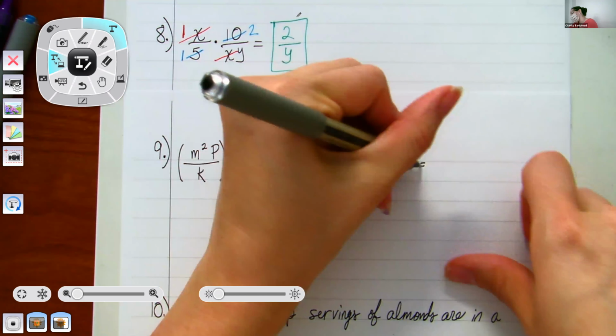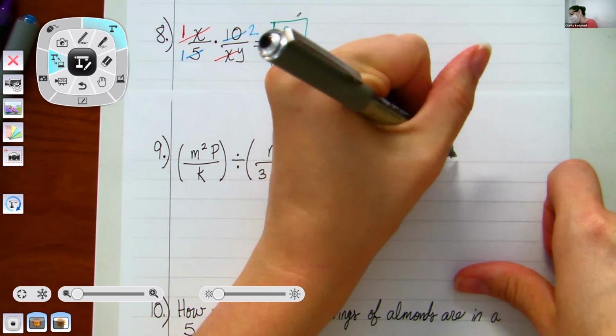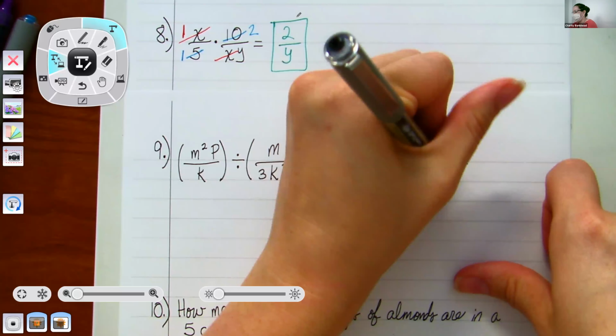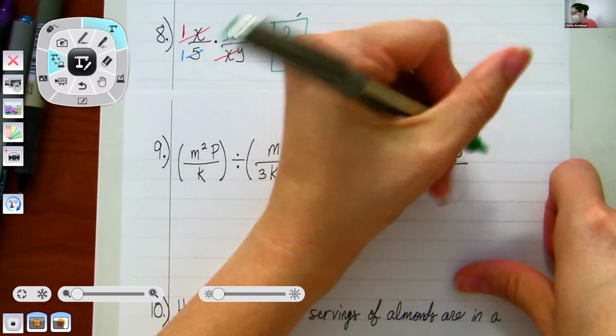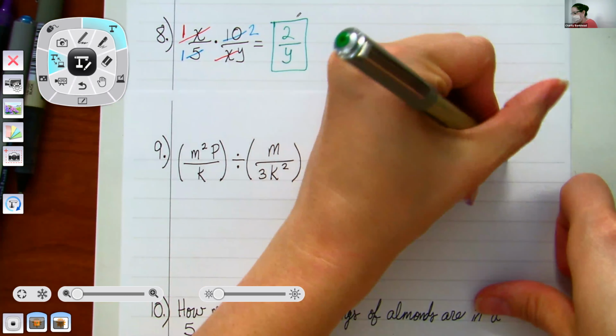So m squared is the same thing as m times m. So let's say that's mmp over k. And k squared is the same thing as k times k, so that would be 3 times k over m.